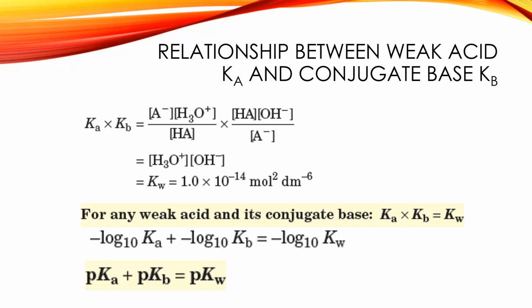But even more advantageous for working out calculations in real systems is that we can take the negative log to base 10 of each of these values, and we get that pKa plus pKb is equal to pKw.